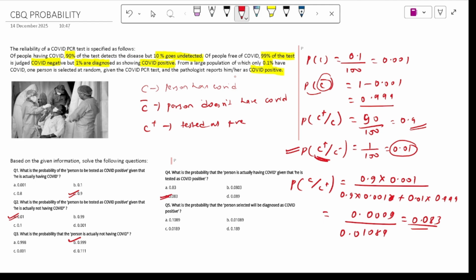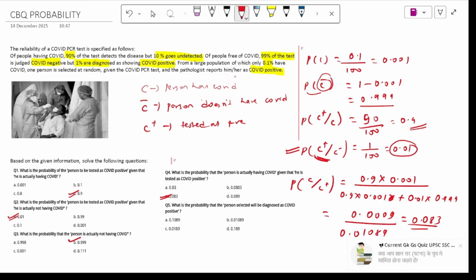Now the fifth question is, what is the probability that the person selected will be diagnosed as COVID positive? There are two cases, and both cases are alternatives. If the first happens, the second will go unnoticed, and if the second happens, the first will go unnoticed. So we'll simply add the probability of both cases.